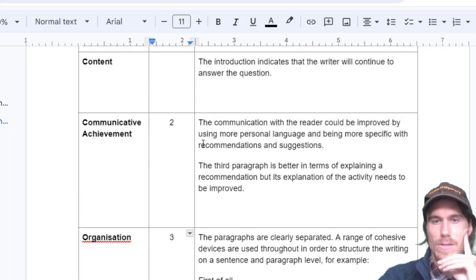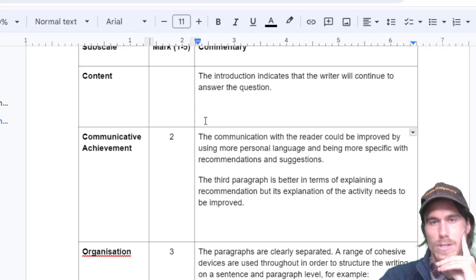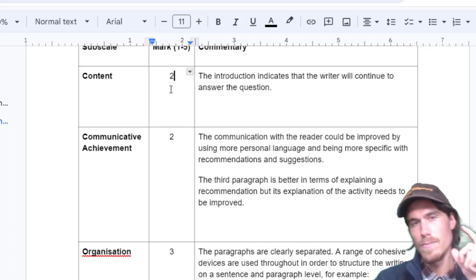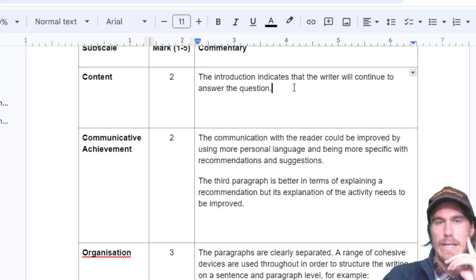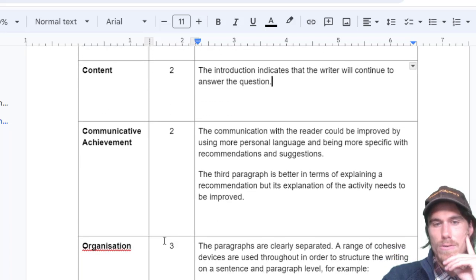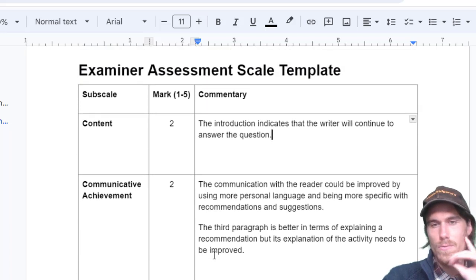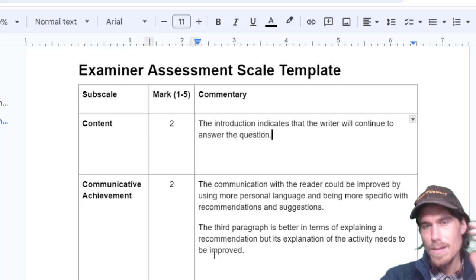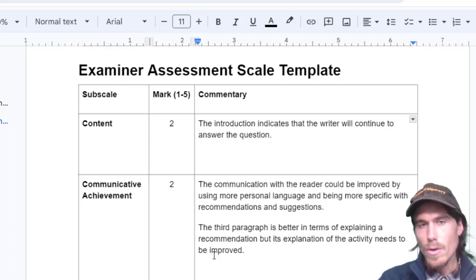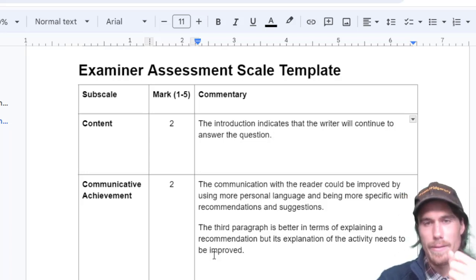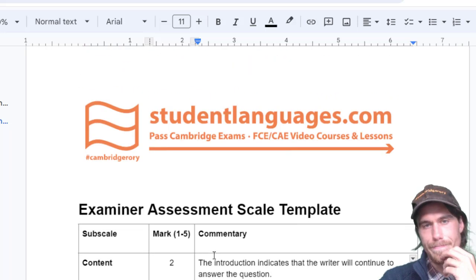It's just the details within, as I've been saying, which are letting you down a bit in terms of content and communicative achievement. I can see that you're trying to address the points in the question, but they're not quite being addressed well enough. This is the point.